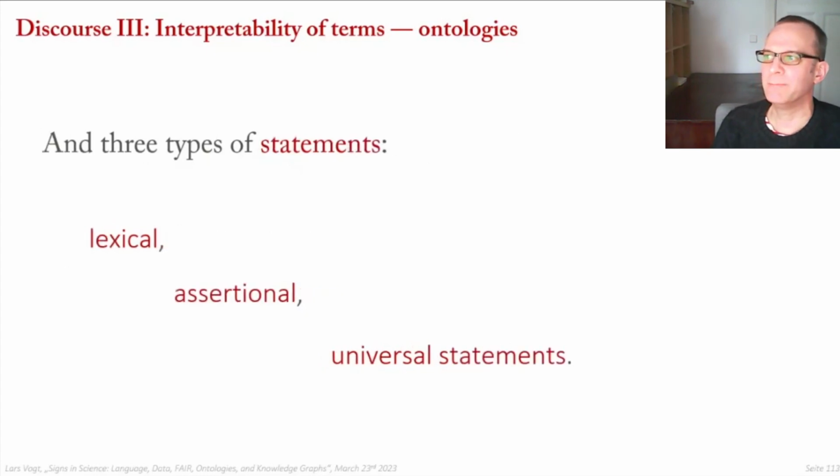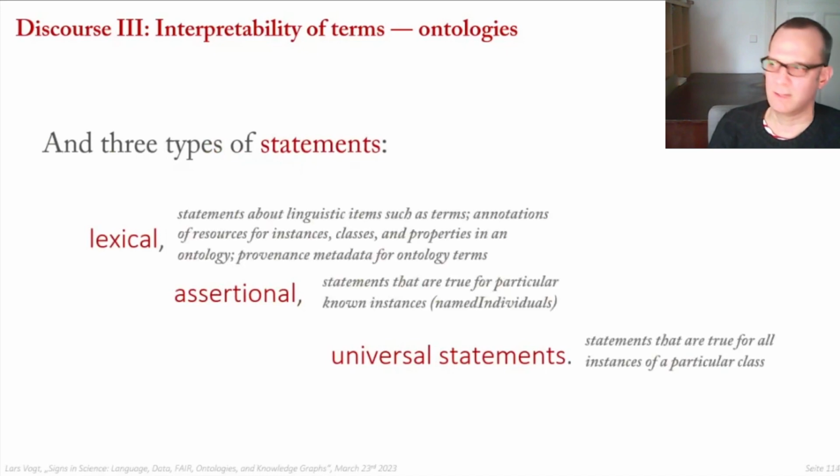And then we can build statements, and we can distinguish three types of statements: lexical, assertional, and universal statements. So what is that? Lexical statements are basically technical statements when we want to talk about terms as terms. So I want to talk about the term tree, that it consists of 4 characters, for instance, who first used the term, and so on.